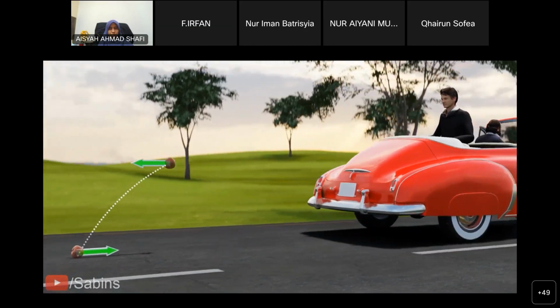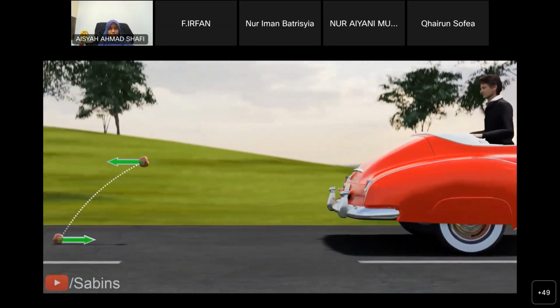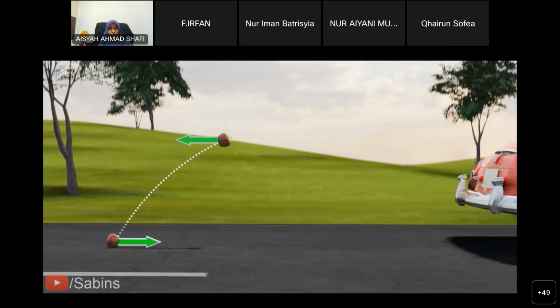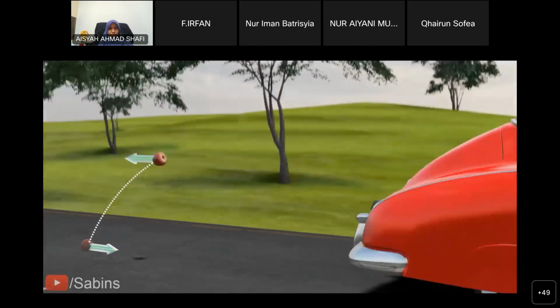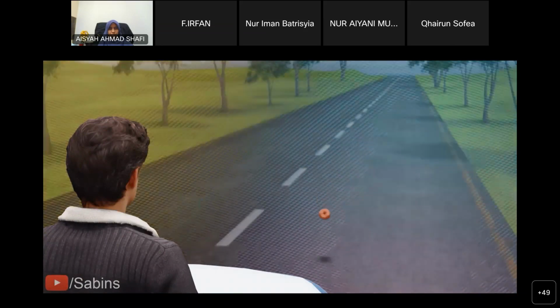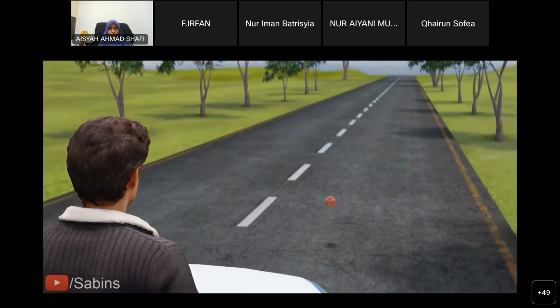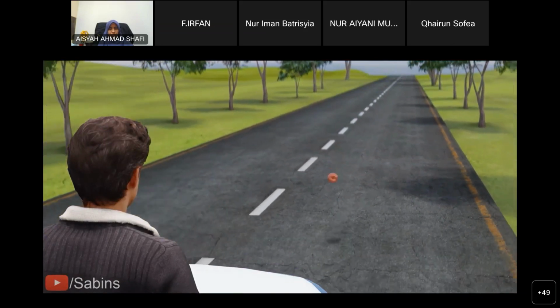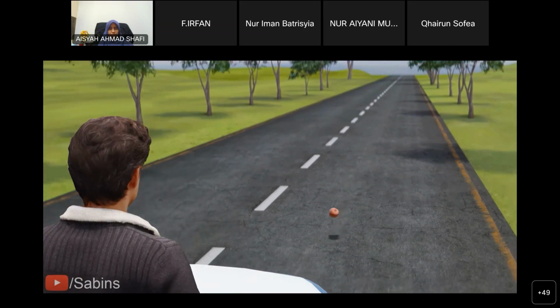Here comes the trick our brain plays. Until the apple hits the road, the brain analyzes the situation in reference to the car. By that frame of reference, the apple has a velocity opposite to the car, the initial velocity you gave it when you tossed it. So you feel like the apple is moving backward. However, after the apple hits the road, your brain analyzes the movement of the apple in reference to the ground.